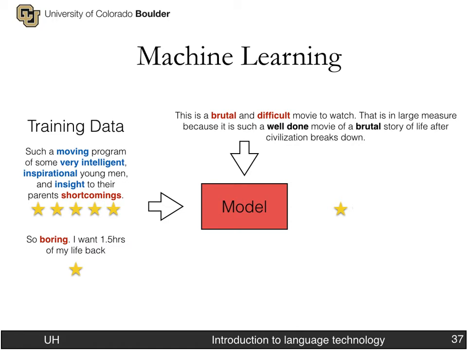And we see that the next word, difficult, is again a negative word, so the score drops a little bit more. But then when we see well done, which is hugely positive, the system is prepared to disregard much of the earlier content. And maybe the second mention of brutal will have far less impact than the first one, so the score only drops a little bit. And the result is that we predict 4 stars for this review.